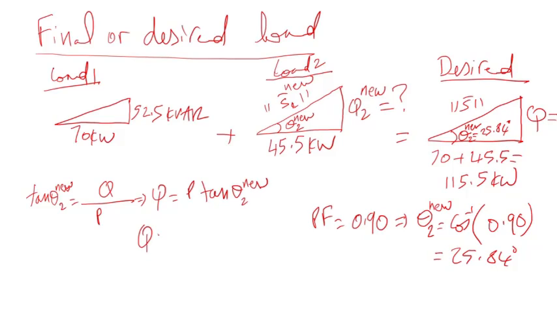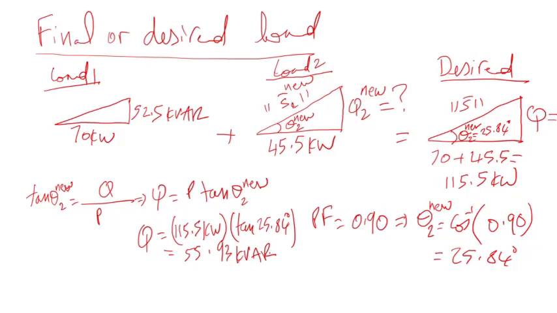That means Q is equal to P, which is 115.5 kilowatt, times tan of theta 2, which is 25.84 degrees. If you carry out the calculation, you will get 55.93 kVAR or kilovar. So I know Q here. Obviously I can calculate S.